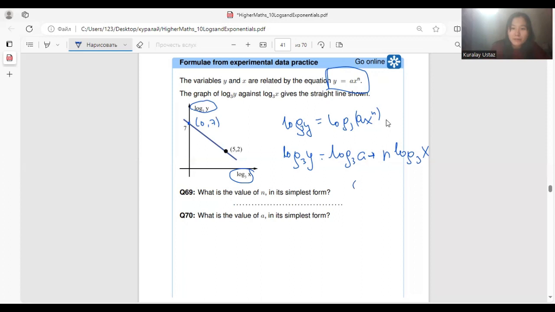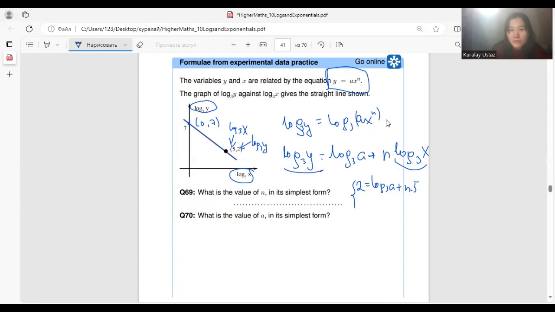So we'll make a system. This one, actually, what does it mean? Those are the coordinates. That one is for x, that one is for y. So let's replace them. So when logarithm y base 3 equals 2, this one equals 2, this one will be equal to 5.